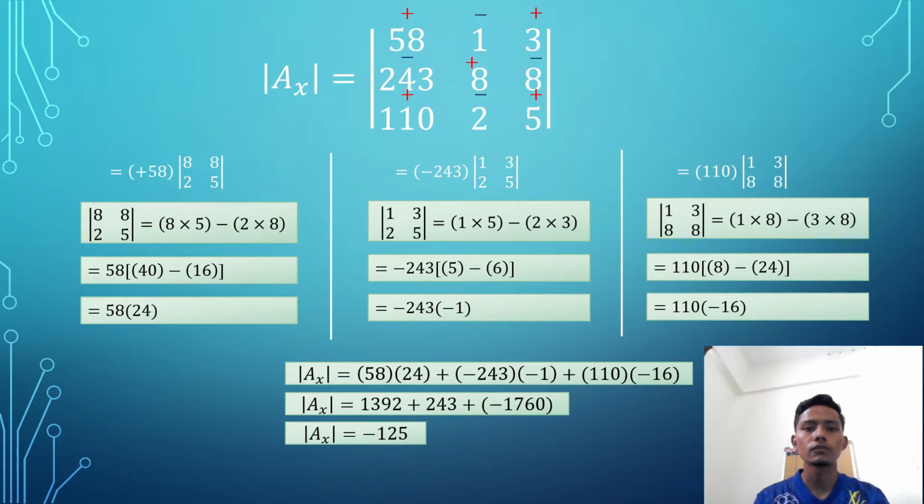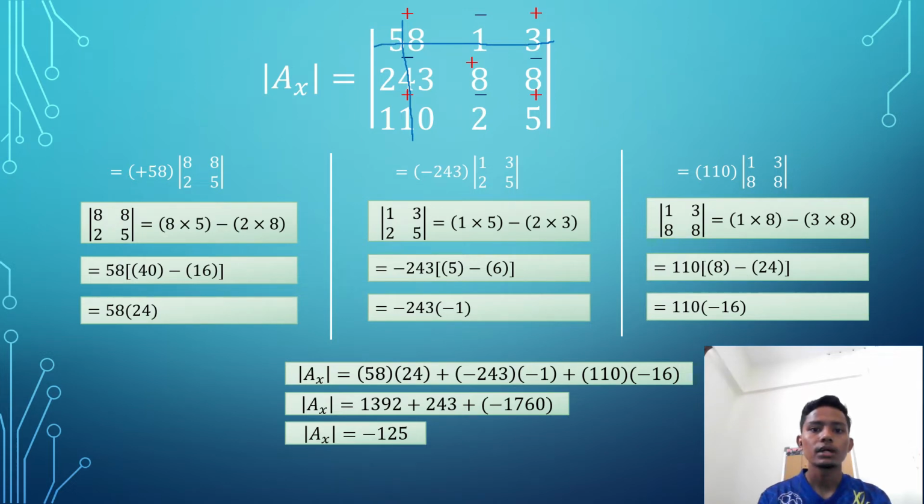In my case, I'm going to choose the first column to be eliminated permanently. The next step is to choose any row among these 3 rows to be eliminated temporarily. So I'm going to just choose the first row first.